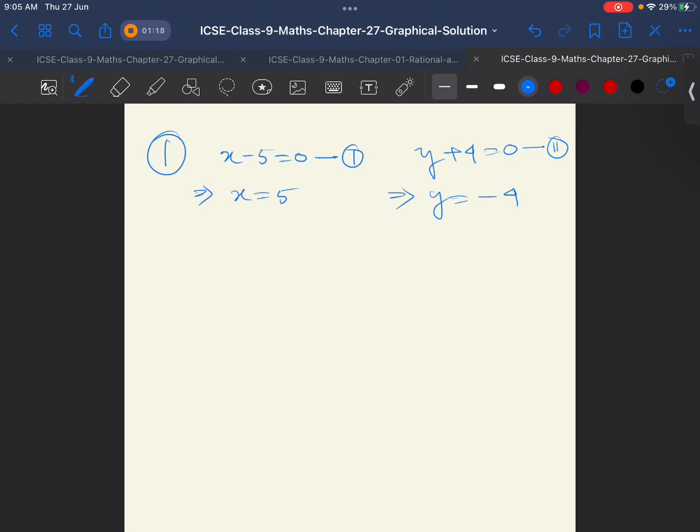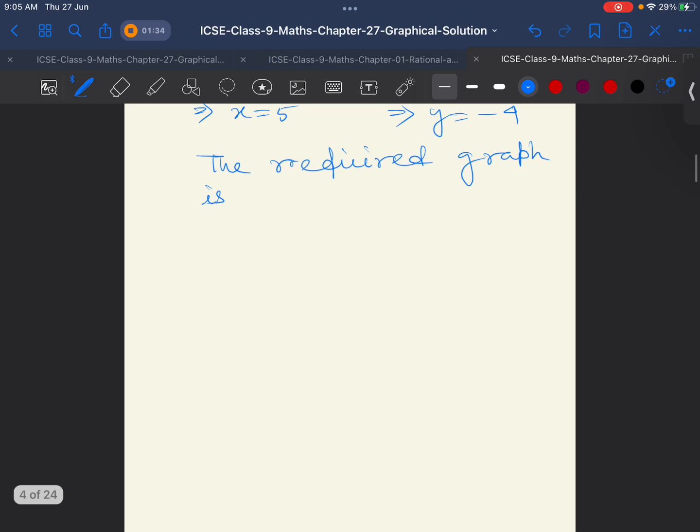Okay, so plotting these lines in the graph. So the required graph is: we draw the x-axis and y-axis. This is x and x dash.